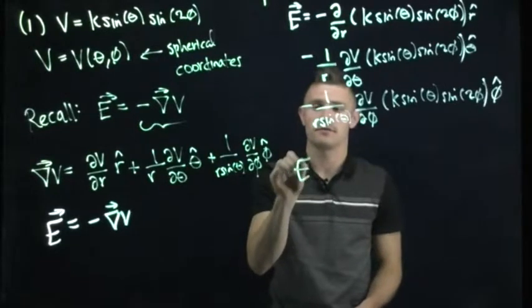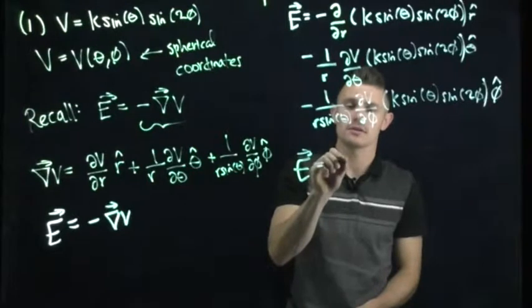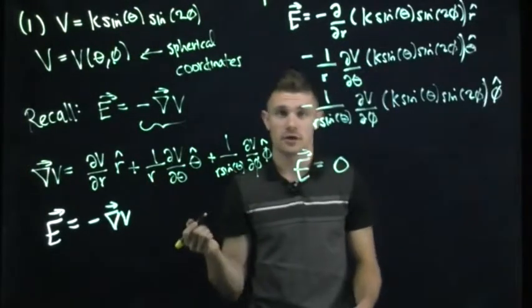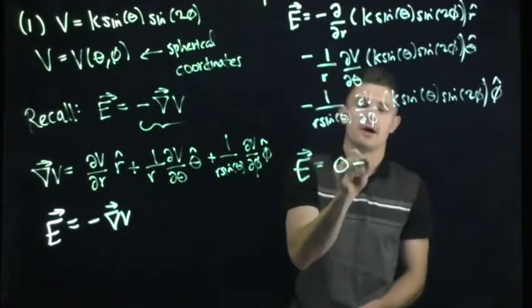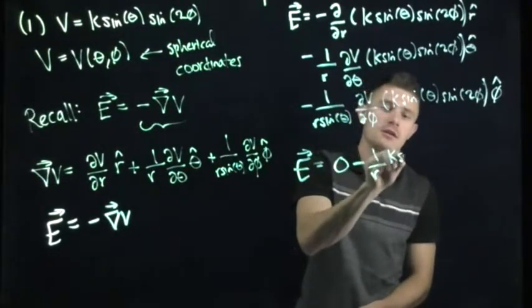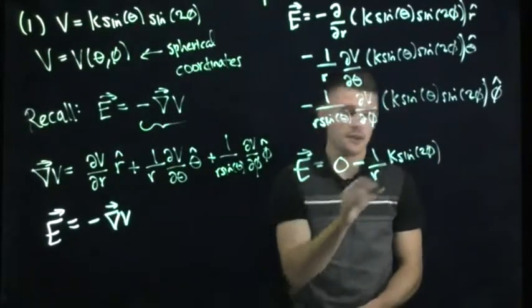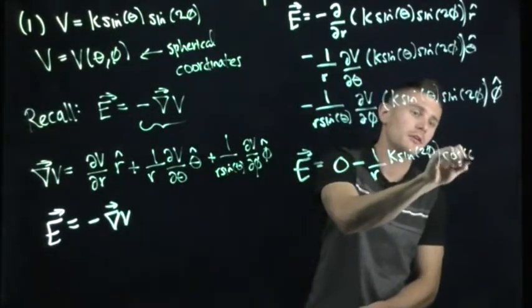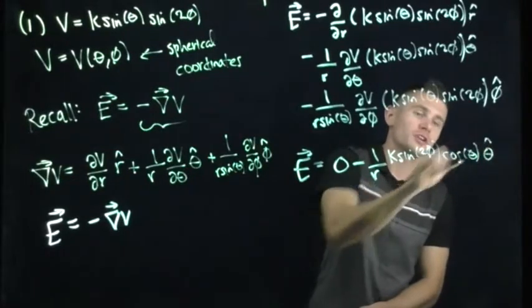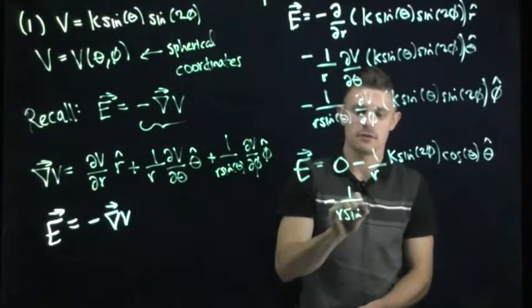So we find that the electric field E is equal to, this first term doesn't depend on r, so we have a 0, because the derivative of a constant is just 0. And then we have minus 1 over r. We can pull the constants out, which are K and sine of 2 phi. Then we take d by d theta of sine theta, which is just cosine of theta in the theta hat direction. And then we subtract off 1 over r sine theta.